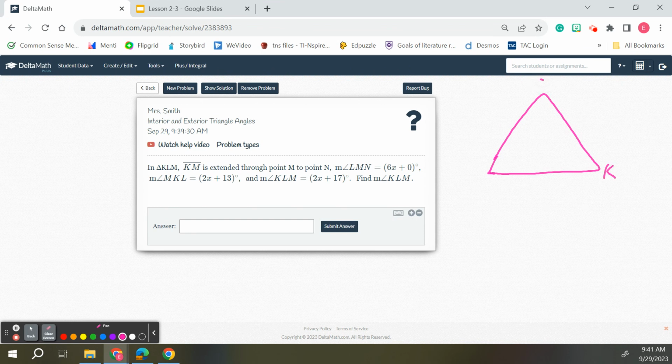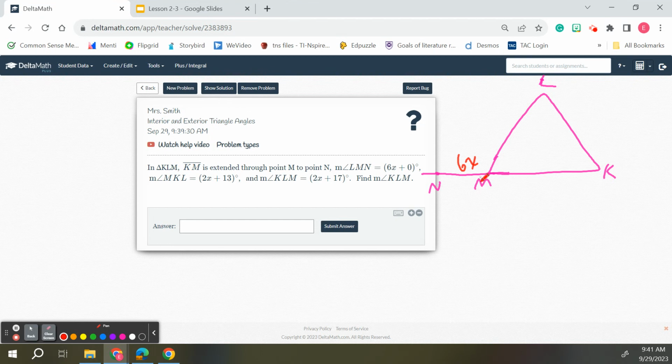We'll do K, then L, then M. And then they're saying it's extended through point M to N. So if I just add a point here, that's what they're talking about. Now you have to look at each individual angle. The measure of LMN. So here's L, here's M, here's N. So this exterior angle is 6x. I'm not even going to put 0, which is 6x, okay?